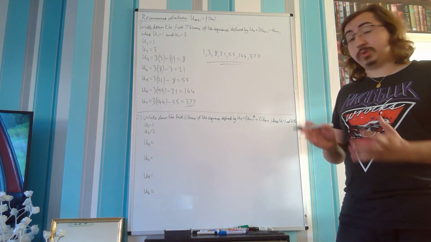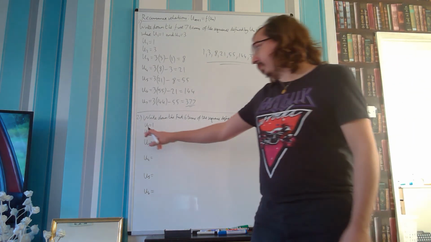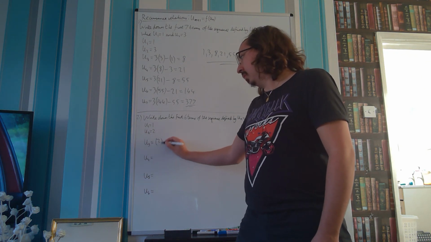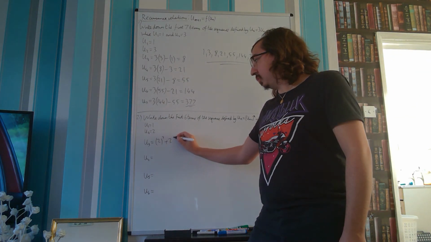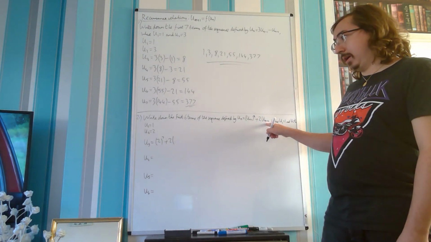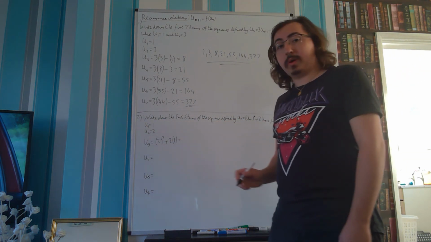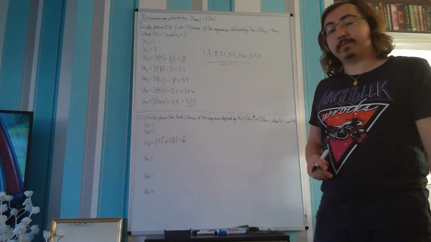And again, we just need to substitute in. So we have u of n minus 1, which is u2, which is 2. We need to square that, plus 2 times u of n minus 2, which is u1, which is 1. 2 squared is 4, plus 2 times 1, which is 2, gets us 6.